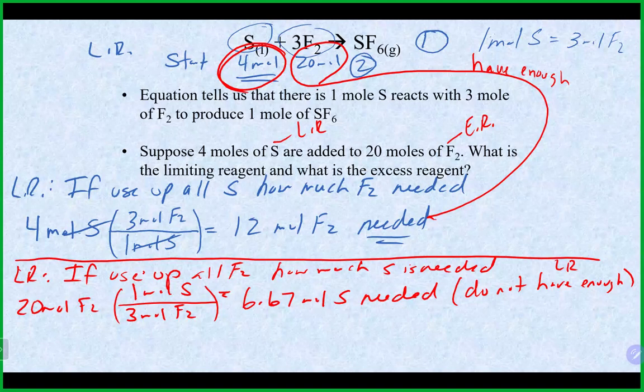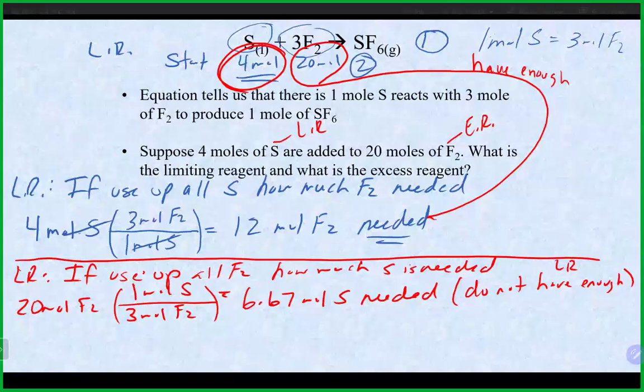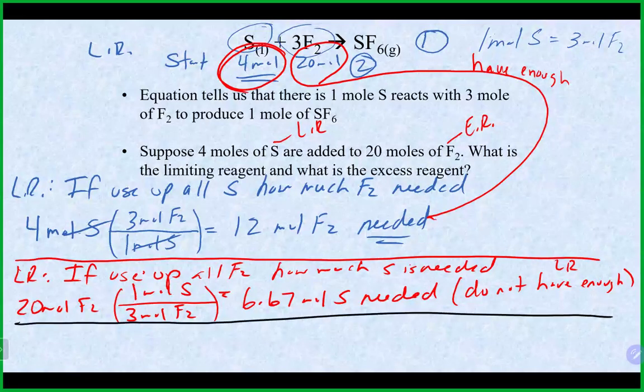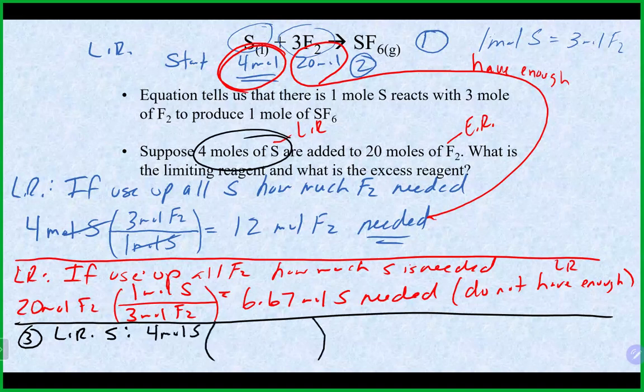Now that I know which one is my limiting reagent, I can pick up with the remaining steps of my problem, which is I would always want to use the limiting reagent to figure out how much product is going to be made. So at this point, we would go to step 3 using our limiting reagent, which is the sulfur in this case. And it's also really important that we use the starting amount for sulfur. So we're going to use our 4 moles of sulfur. And now we can do the relationship between sulfur and our product, which is a 1-to-1 relationship.